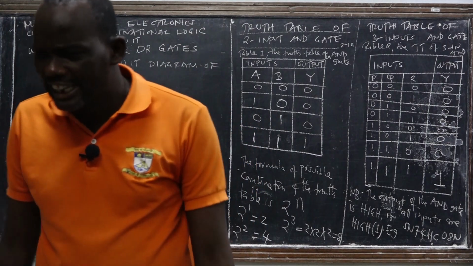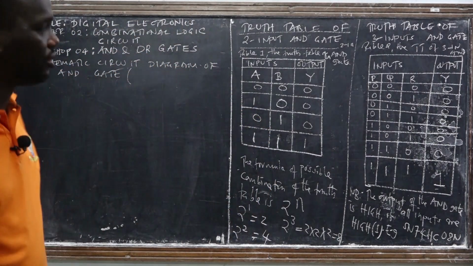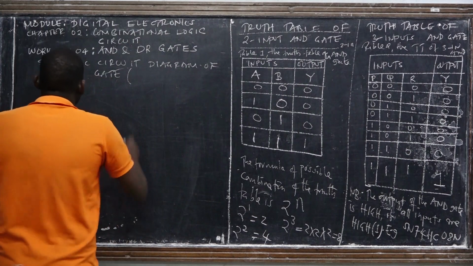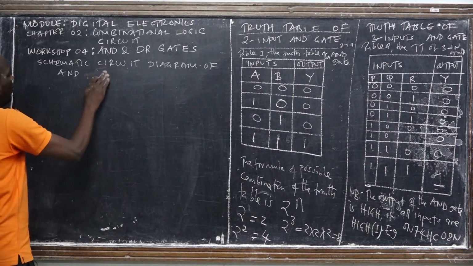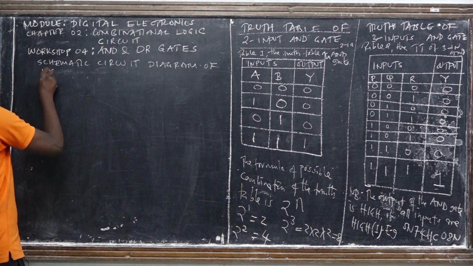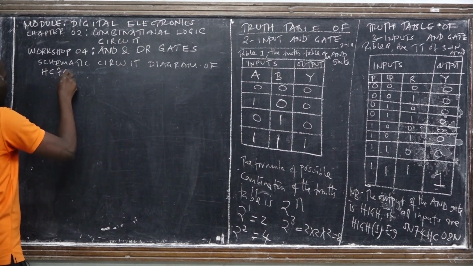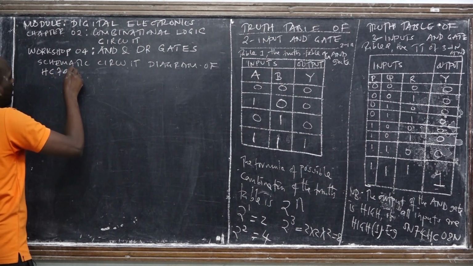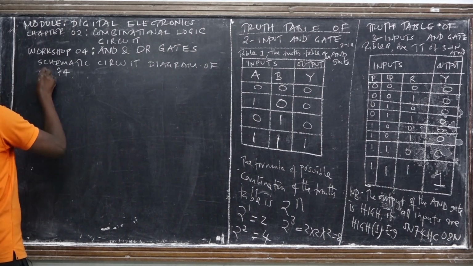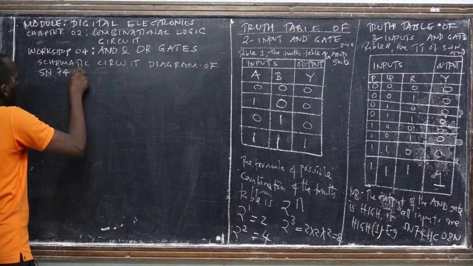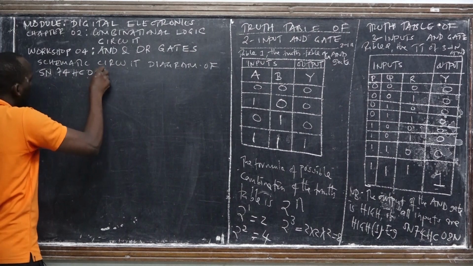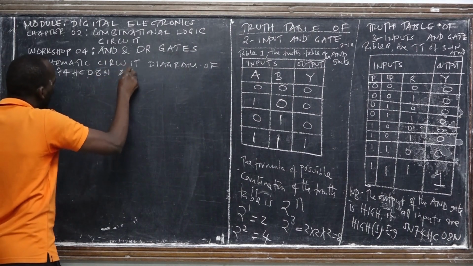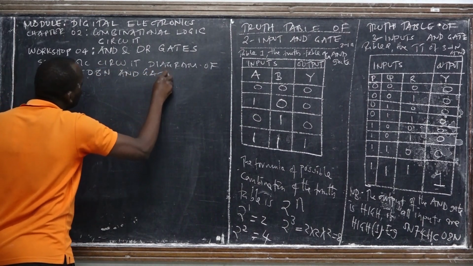The AND gate. Say AND gate. Yes, because you have been slumbering. So the schematic circuit diagram of the SN 74 HC 08N AND gate.